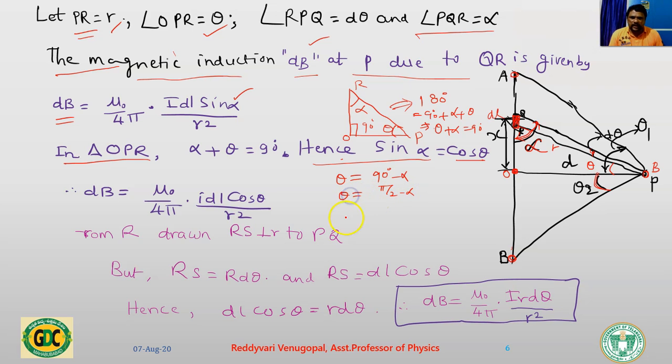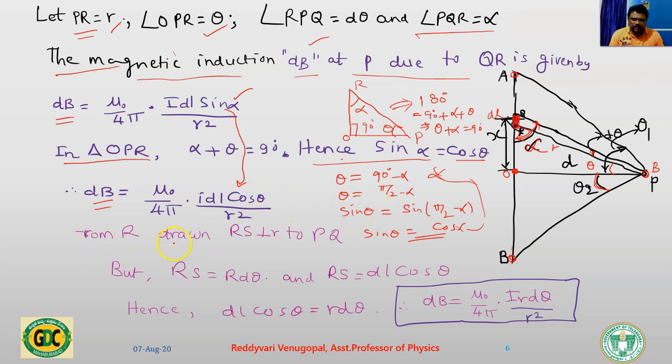So sin theta is equal to sin of pi by 2 minus alpha, which is nothing but cos alpha. Like this we can derive sin alpha is equal to cos theta. Now we can write dB is equal to mu naught by 4 pi I dl cos theta divided by r square, writing cos theta instead of sin alpha.